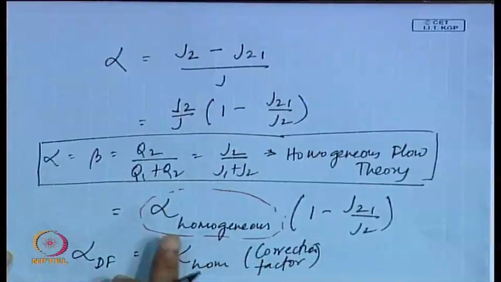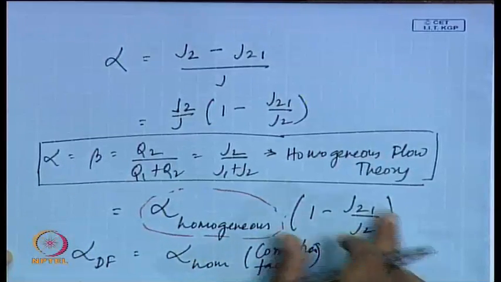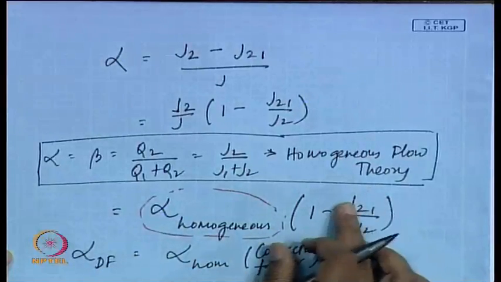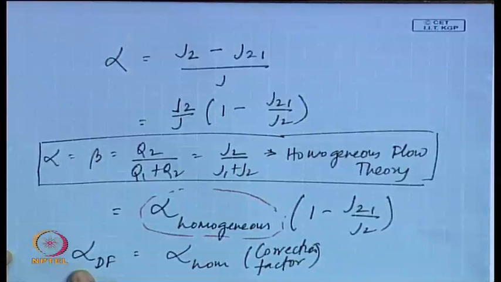It has simply modified the homogeneous alpha value by incorporating the relative motion between the phases, so that we can expect to get a more accurate value of the void fraction under practical situations.